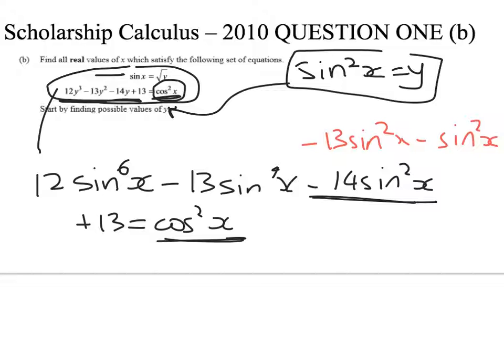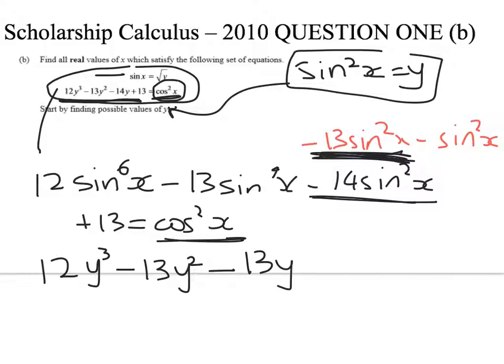So that gave me 12, actually I'm going to put it back to y now, sorry for the confusion. So 12y cubed minus 13y squared minus, well I've got minus 13 sine squared x, so that's going to be minus 13y plus 13 equals cos squared x plus sine squared x, which is going to give me 1.